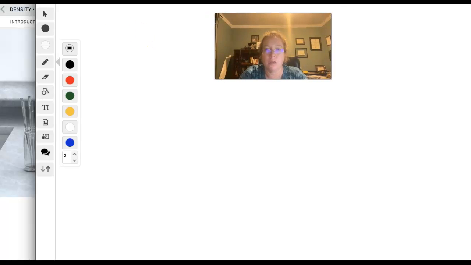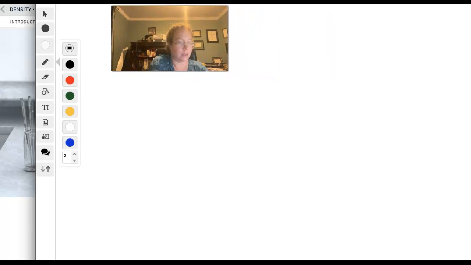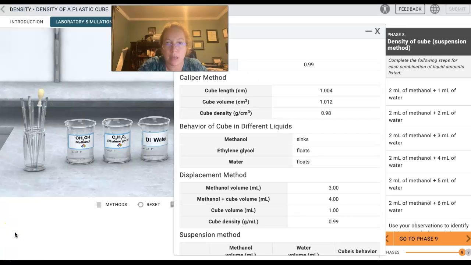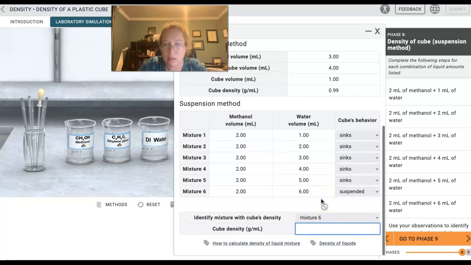Alrighty. So we have 6 milliliters of water and 2 milliliters of methanol.